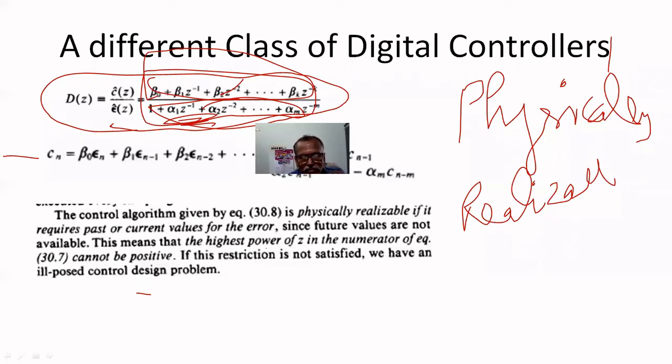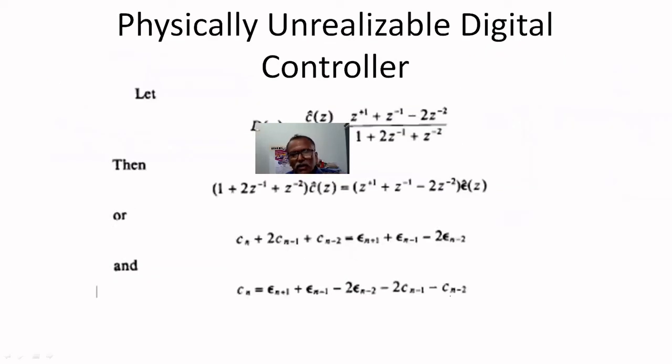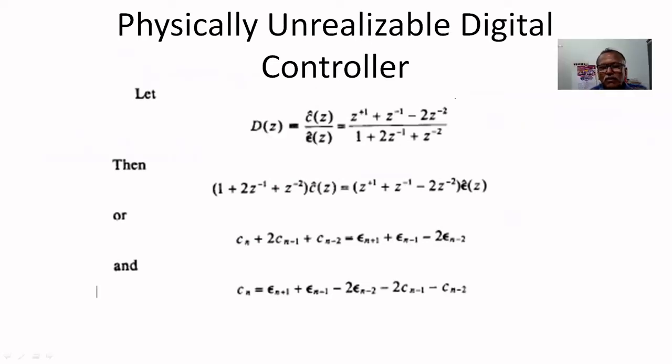The highest power of numerator cannot be positive. For example, I'm having a controller like this. Here, what is the highest degree? +1. It should not be positive.